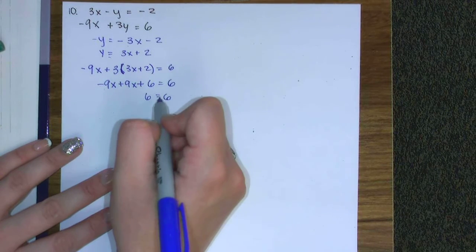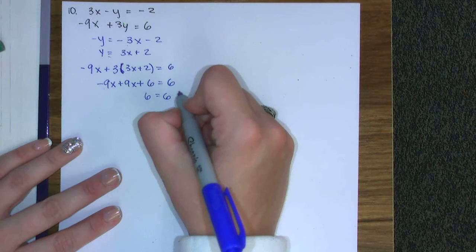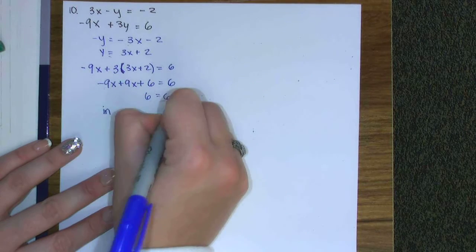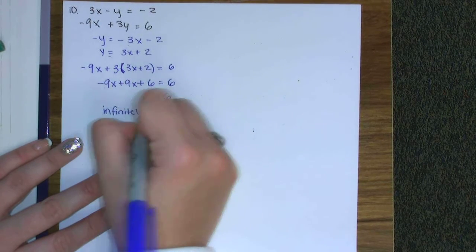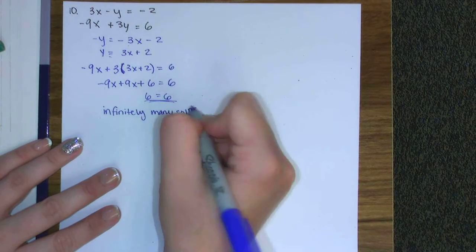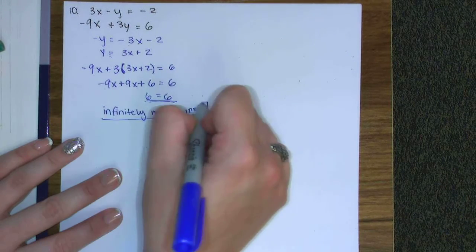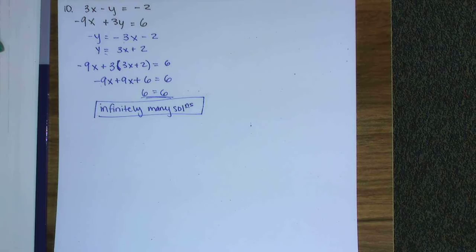As soon as I get this, I immediately say this is always true, so infinitely many solutions. So that would be my answer here, infinitely many solutions, basically meaning no matter what value I pick, it will make it true.